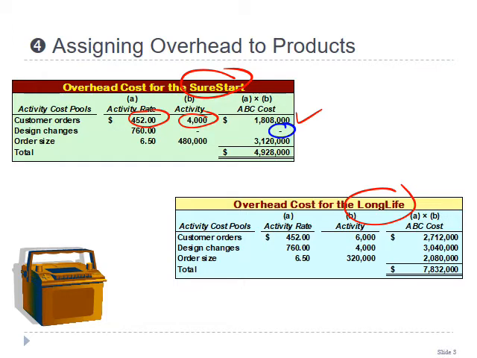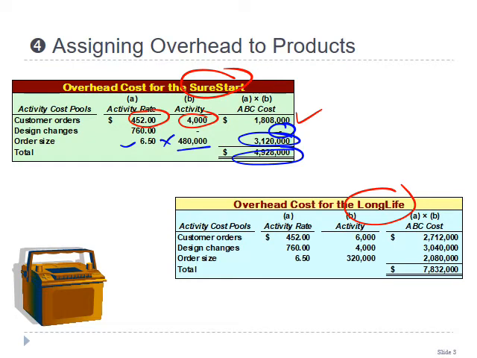Because Short Start is standard size and no design changes are requested. The order size activity rate is 6.5 for 480,000, so 480,000 multiplied by 6.5 is 3.120 million. So the total overhead cost allocated to Short Start is 4.928 million.